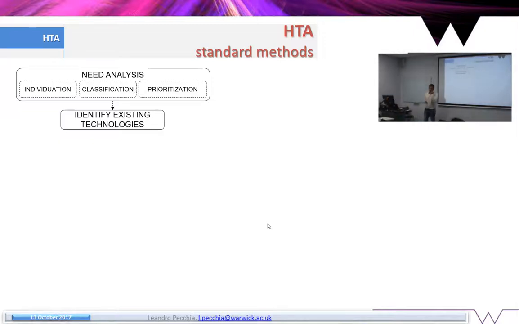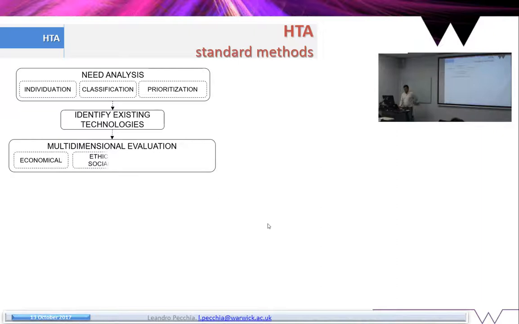Because most likely I will not have all the information to judge all the clinical outcomes. Perfect. Once I do that, then I start identifying the existing technologies which can be used to solve this problem, to satisfy this peculiar need.